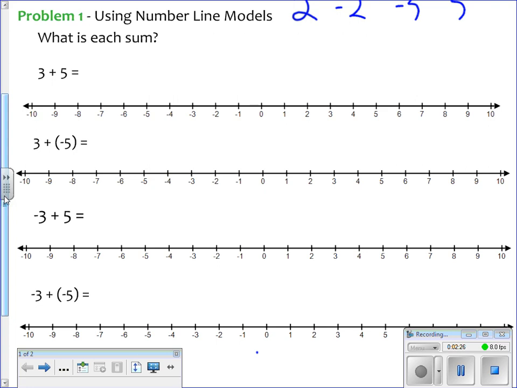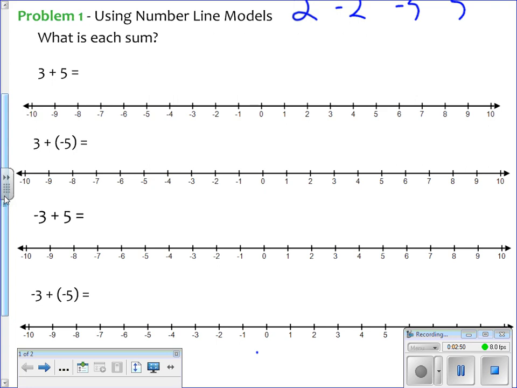Using number lines to model addition and subtraction. Now, I don't expect you to use this for your addition and subtraction every time. However, it's a good idea to be able to visualize adding and subtracting using a number line. It's a good visualization.